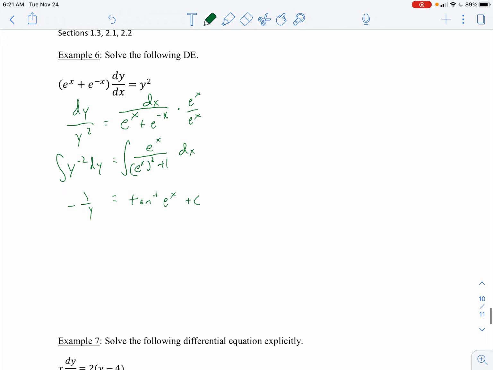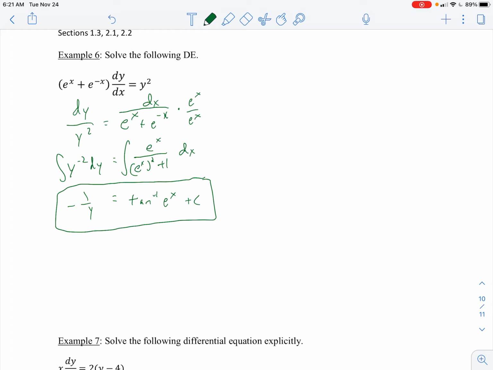And after we've written it this way, all we have to do now is just solve for y. This is already solved if we're looking for an implicit solution to the differential equation. It's solved, but what we can do is write this explicitly as well. Explicitly is when we solve for y. So let's go ahead and do that.